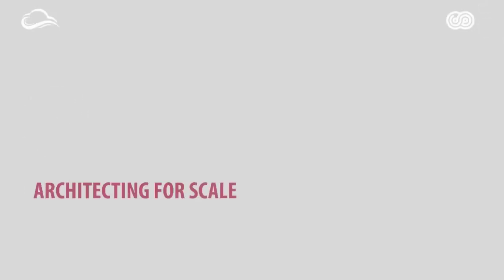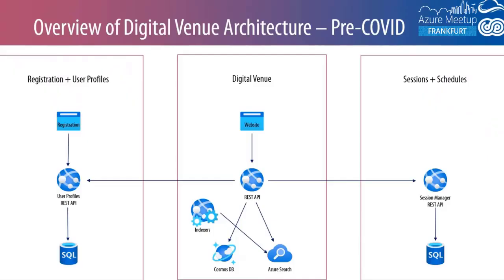When it comes to architecting for scale, I'm going to use a scenario that we dealt with. First of all, I want to give you a quick overview of what our architecture looked like for the digital venues for these Microsoft sites. In the middle, the digital venue, that's the part that my team is responsible for.